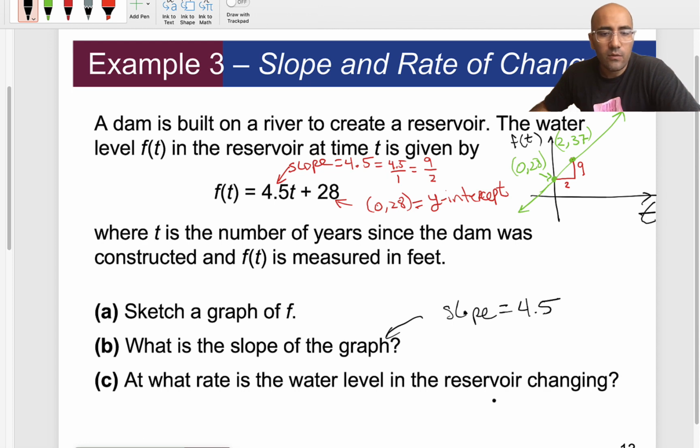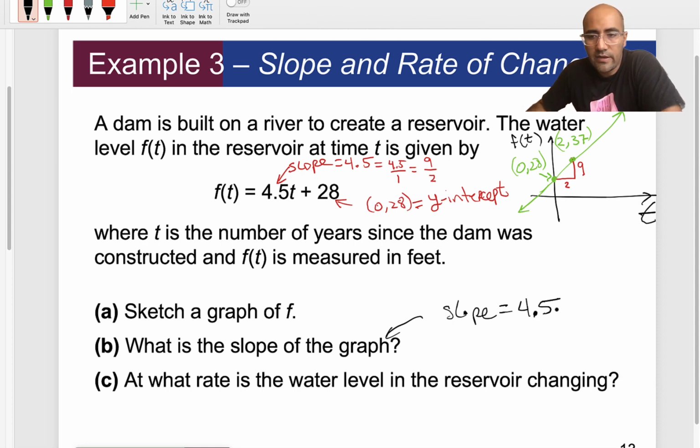What is the rate? At what rate is the water level in the reservoir changing? Its rate is changing at this, right? It's changing at 4.5. Is this in feet? T is the number of years since the dam was constructed, and this is in feet.